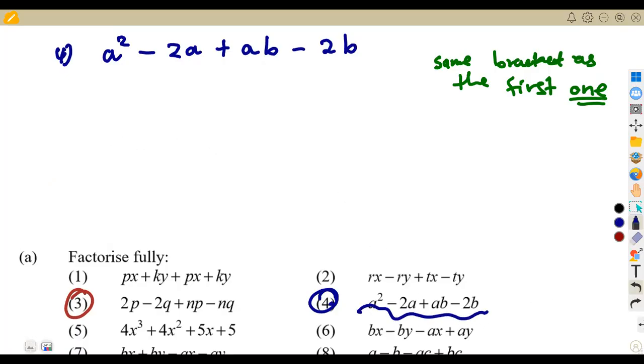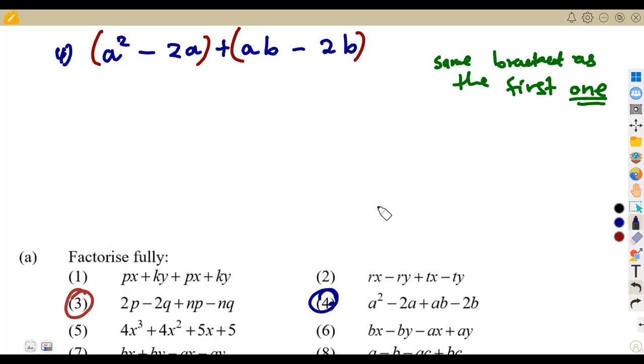We've got 4 terms to be considered, that is, 1, 2, 3, 4 terms. So that means we can group them into 2, right? As long as we've got common terms, like the first 2 terms, a is common. So I can work with these 2 together. And here there's b and b, which is common. So I can work with these 2 terms together.